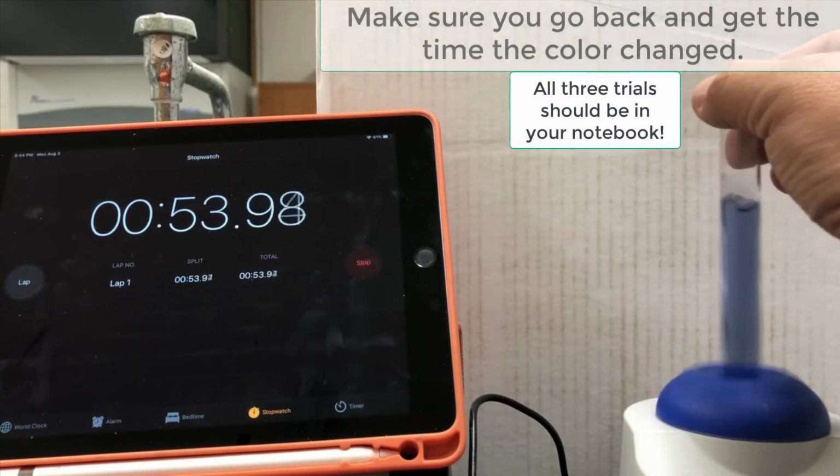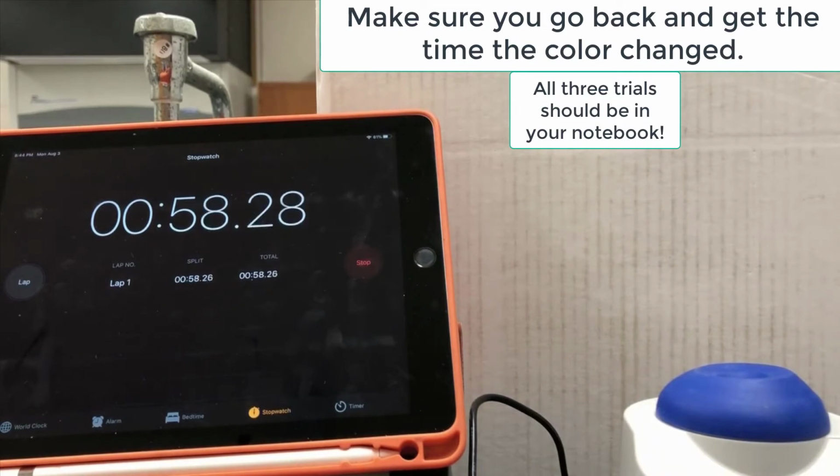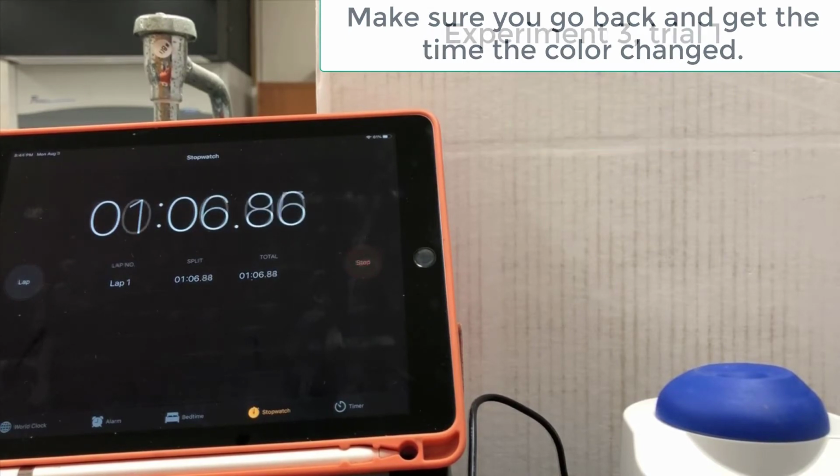There you go. All right. So go ahead and look at the first change of color. You have 3 trials to look at. Take the 2 that are closest together in terms of time, and those will be the trials you use for your calculations.